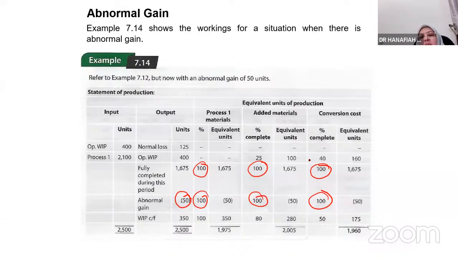The concept is the same as the lecture yesterday for the basic process. Fully completed, the stages of completion for abnormal gain and abnormal loss are the same. Just follow the completed unit. The rest would be the same.